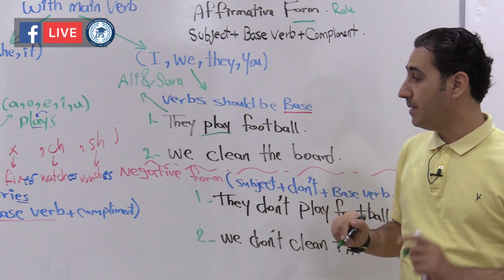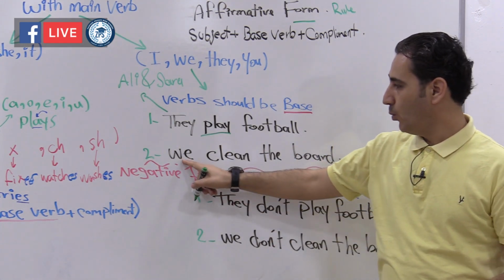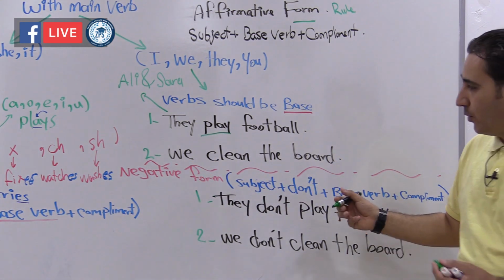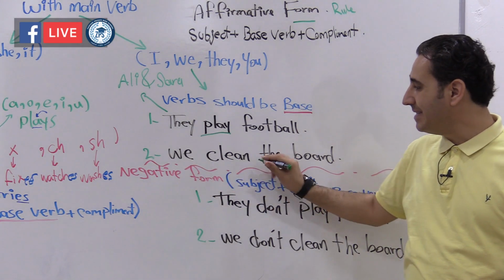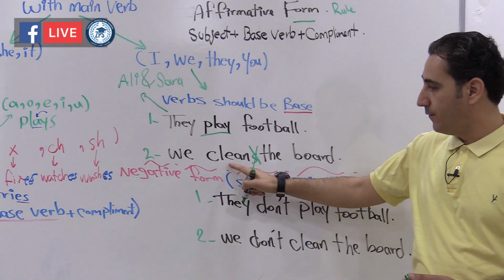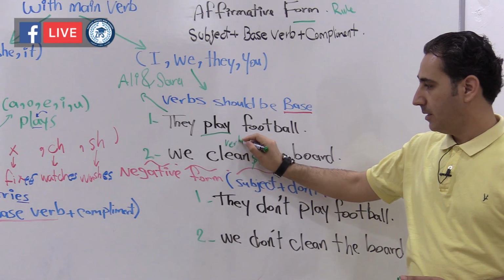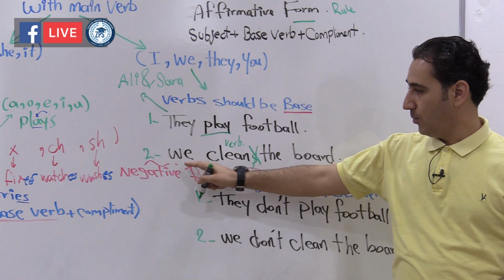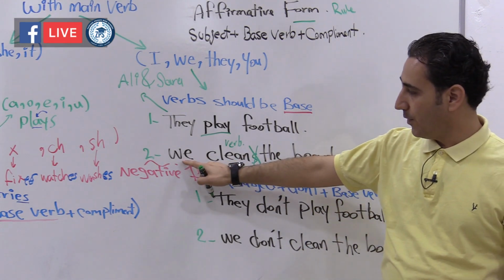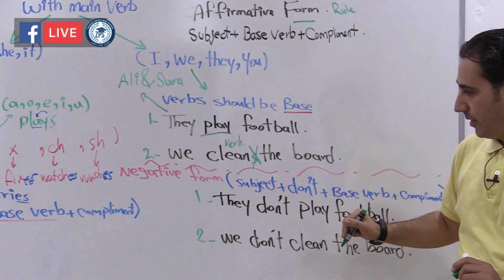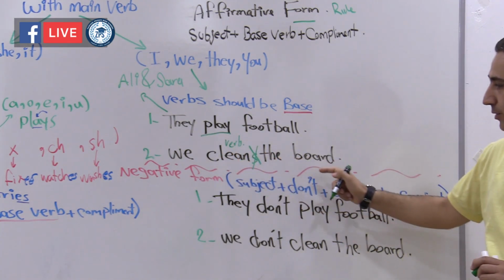So the verb should be base. We clean the board. So I didn't say we cleans. No. It's a verb, not a noun. And we don't have any third person singular. So it's different. Okay? We clean the board.